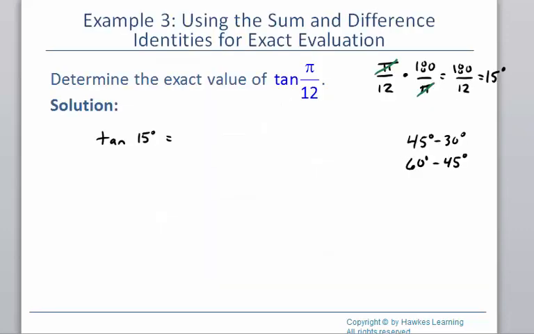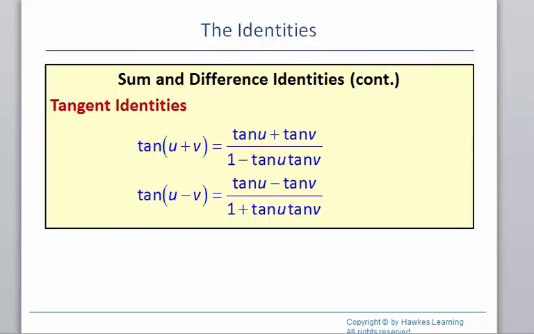So I'm going to eliminate this first one because it has tangent 30 in it, and I'm going to go with the second one. And so I'll say tangent 15 can be written as tangent 60 minus 45. All right, so let's go back to our formulas and let's select the right formula.